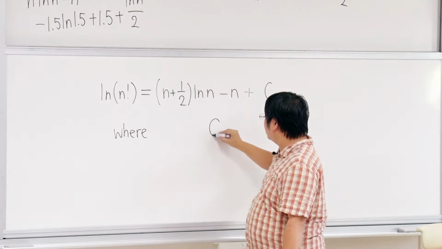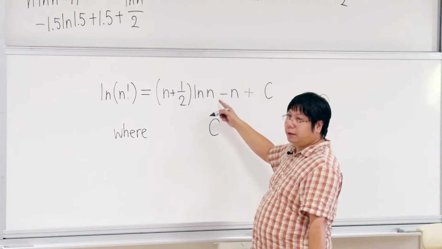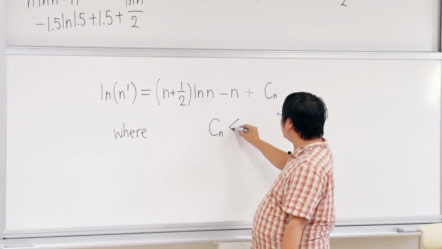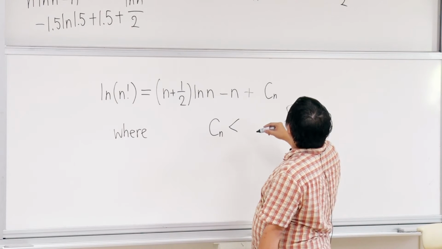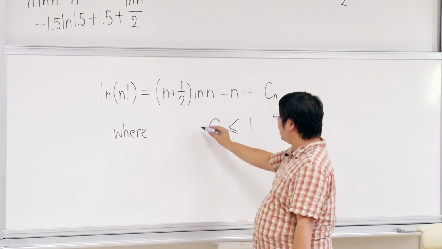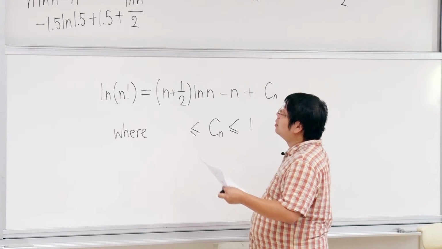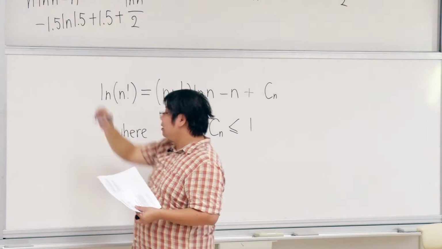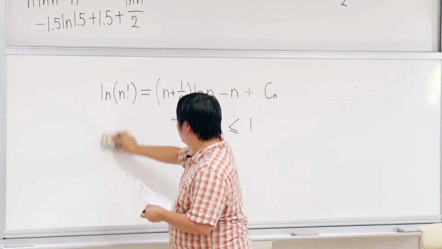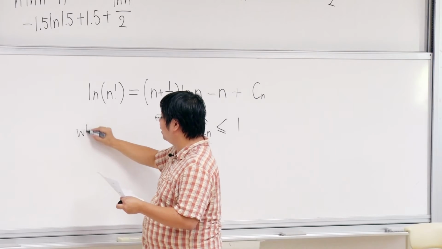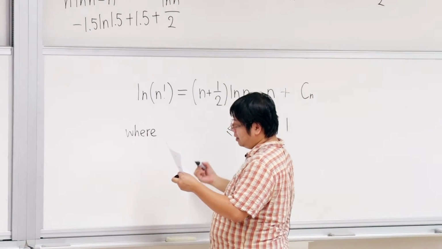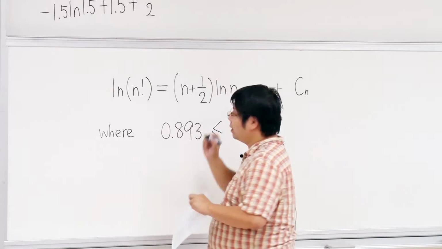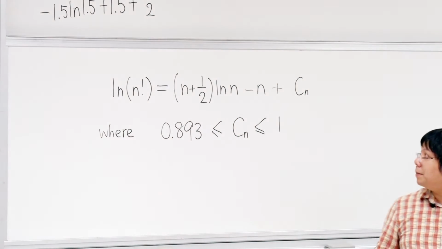No matter what n you are talking about, for any fixed n, we have a term c_n, and c_n is between 1 and 1.5 minus 1.5 log 1.5. Is that okay? I've used the calculator, and this is something like 0.893. Is that okay?